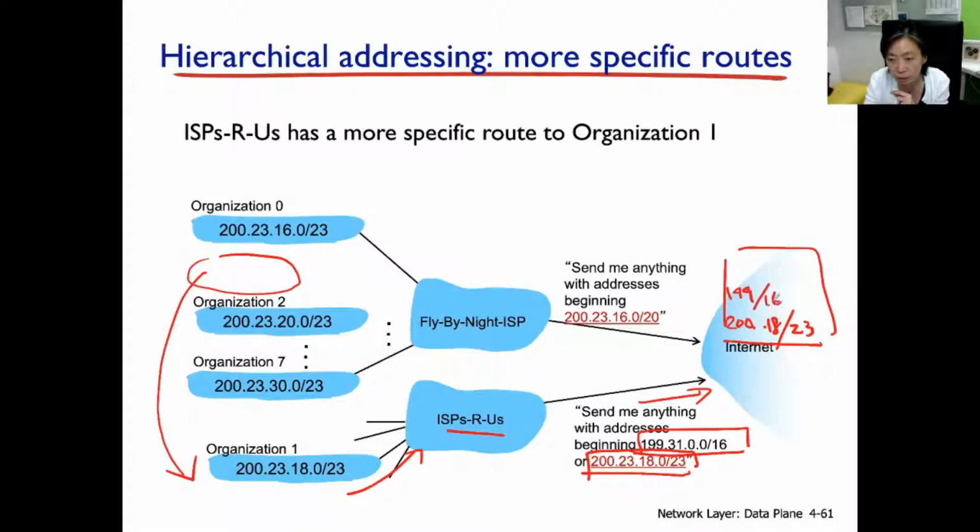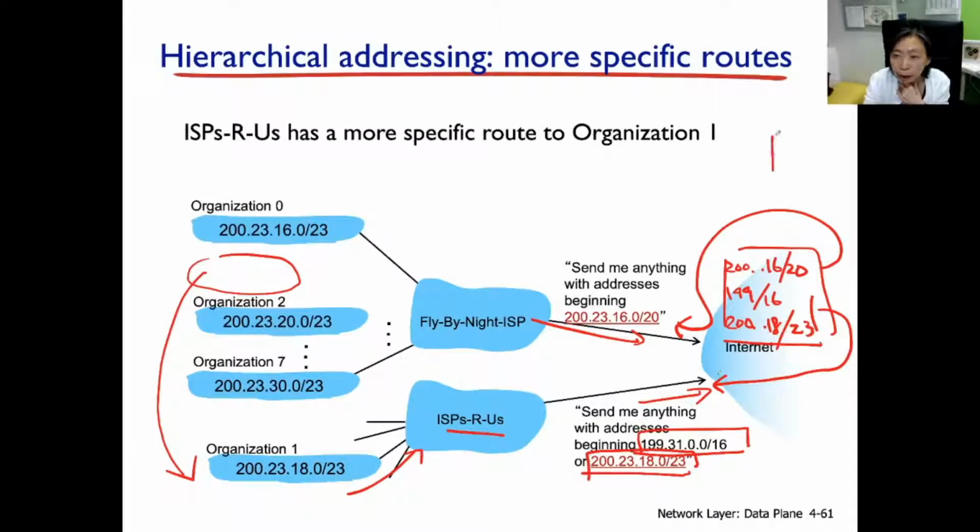This one is 16 bits. And of course, this entry here will arrive also at the router here on the internet. And therefore you have 200 dot something, 16 and 20 here. So this entry is going to take the packet out this interface. These two entries are going to take the packet out here.